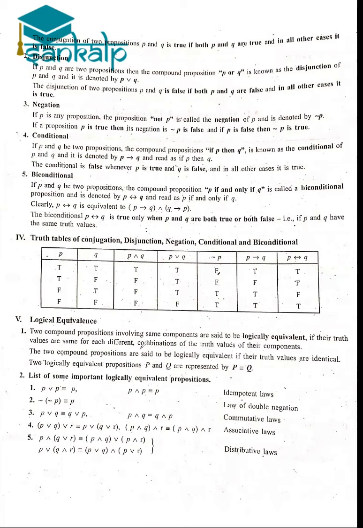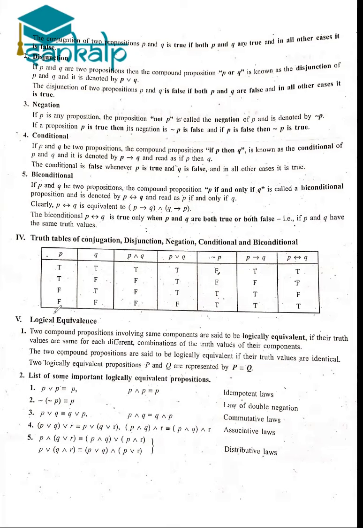Two logically equivalent propositions P and Q are represented by P ≡ Q, with three lines. It is read as P is logically equivalent to Q.